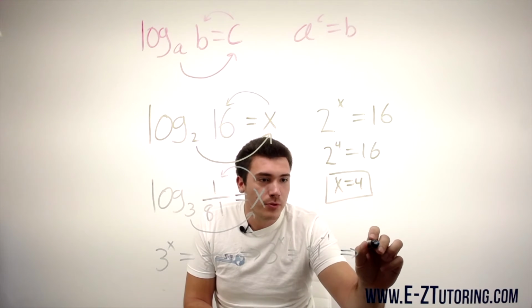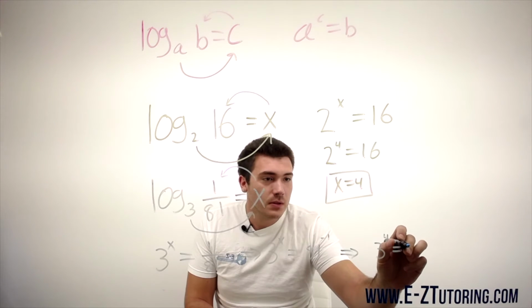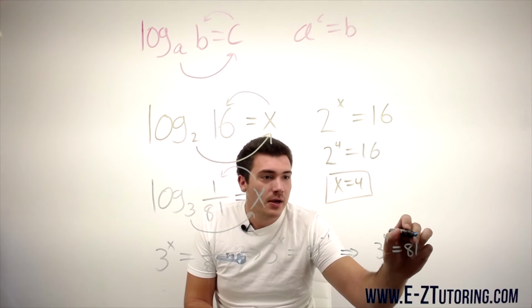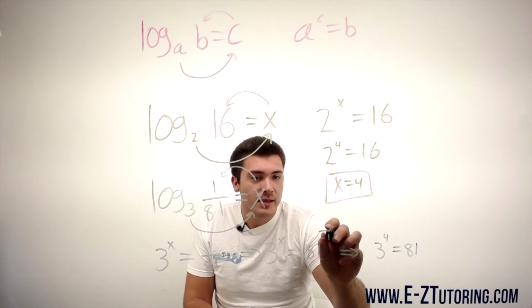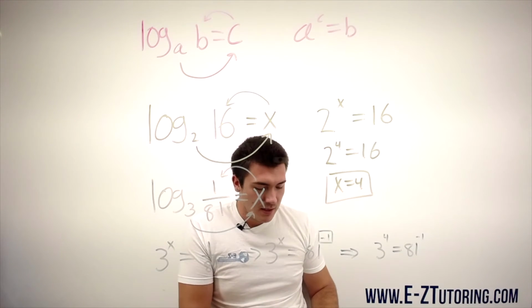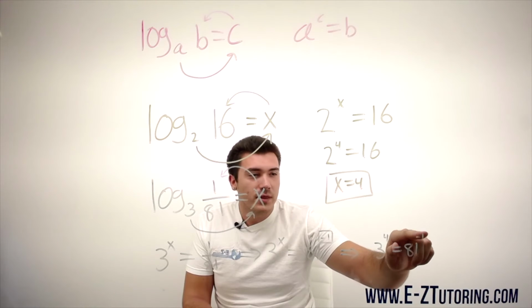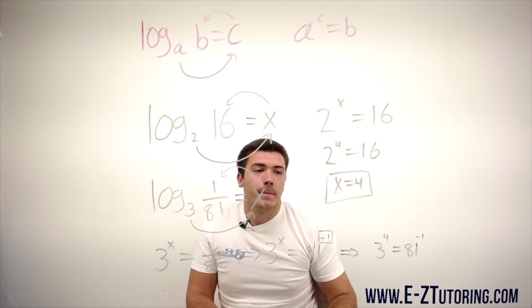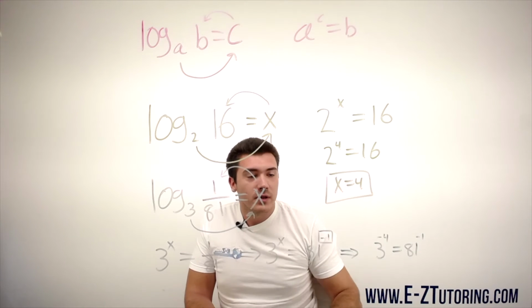So we will say 3 to the power of 4 equals 81. And once again, we cannot forget about this exponent here, negative 1. So 3 to the power of 4 is really 81, but without the negative 1 as the exponent. So in order for these to be equal, you need to put a negative 4 here as well.